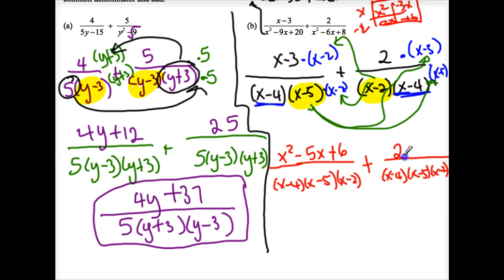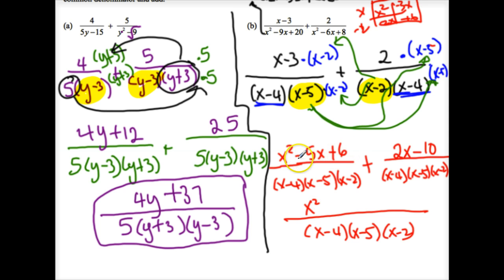And if I distribute, this is 2x plus minus 10. Remember, this is a 5. Sorry. Now let's combine. All of this gets one denominator, because that's my goal, to get one denominator. Then x squared is by itself. My minus 5x plus 2x will give me a minus 3x and minus 4, since it's 6 minus 10.